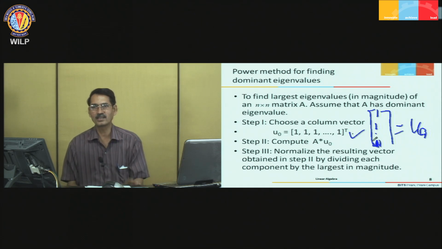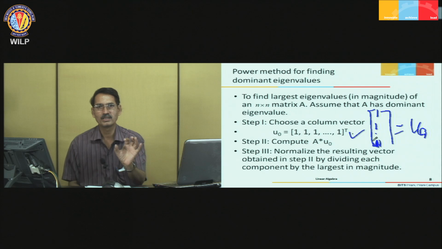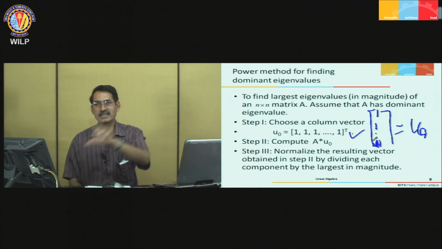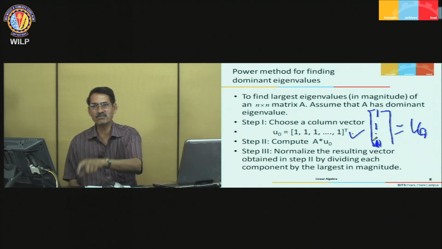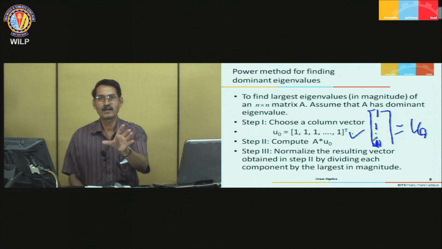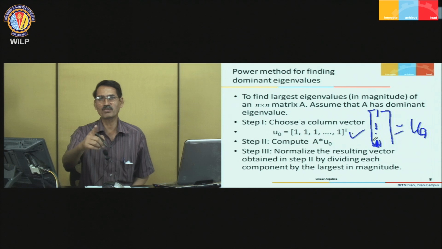The second step is that you compute A into U0. A is the given matrix. So, if A is 3 by 3, then U0 is 1, 1 and 1, that is 3 by 1. So, calculate A into U0. I believe that you are aware of how to multiply two matrices. If A is a matrix of order 3 by 3, then U0 will be a matrix of order 3 by 1, so A into U0 is meaningful.